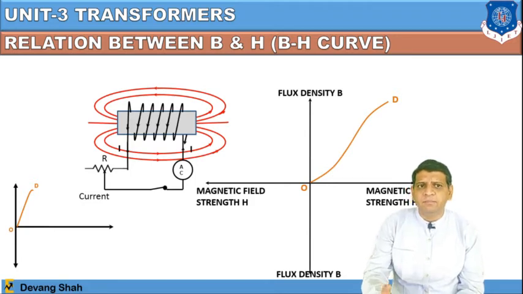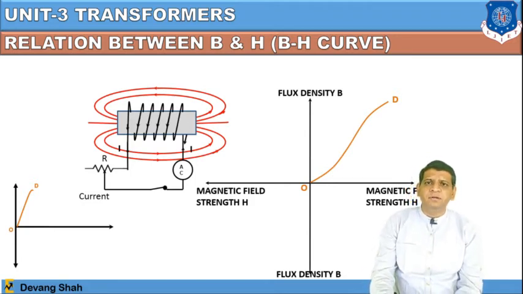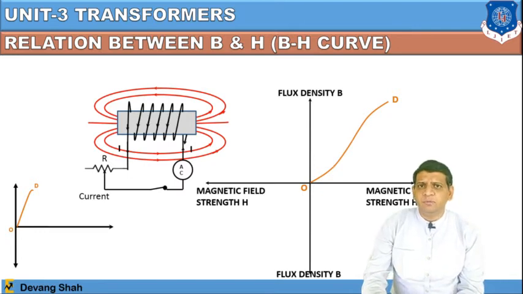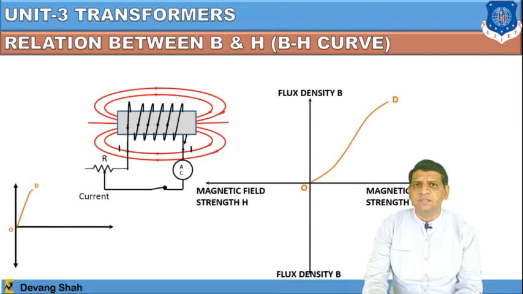As I increase the magnetic field strength H over the first 1/4 cycle, it reaches from O to level D. Here the relation of B and H is linear. If I increase the value of H, the flux density B also increases, but only up to point D.